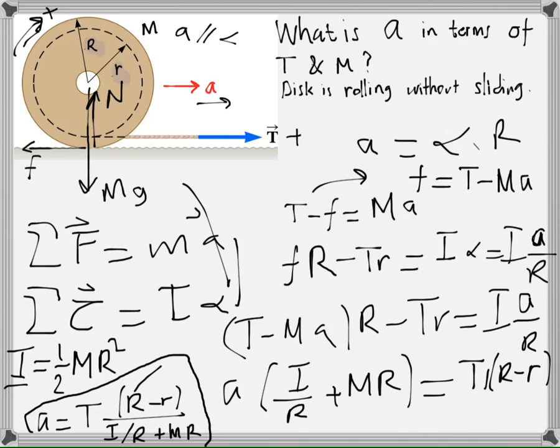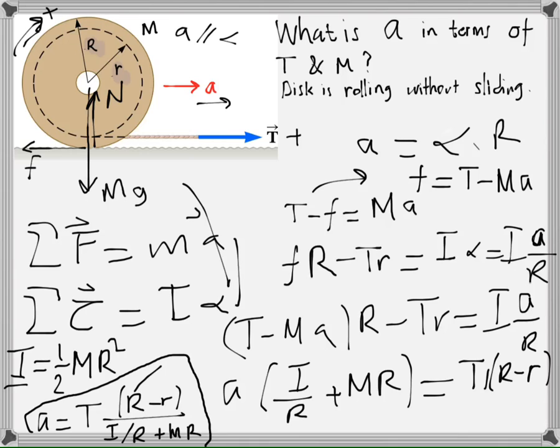If you pull with a horizontal force like this, the spool will go in this direction, rotating, if the spool is not sliding over the surface.